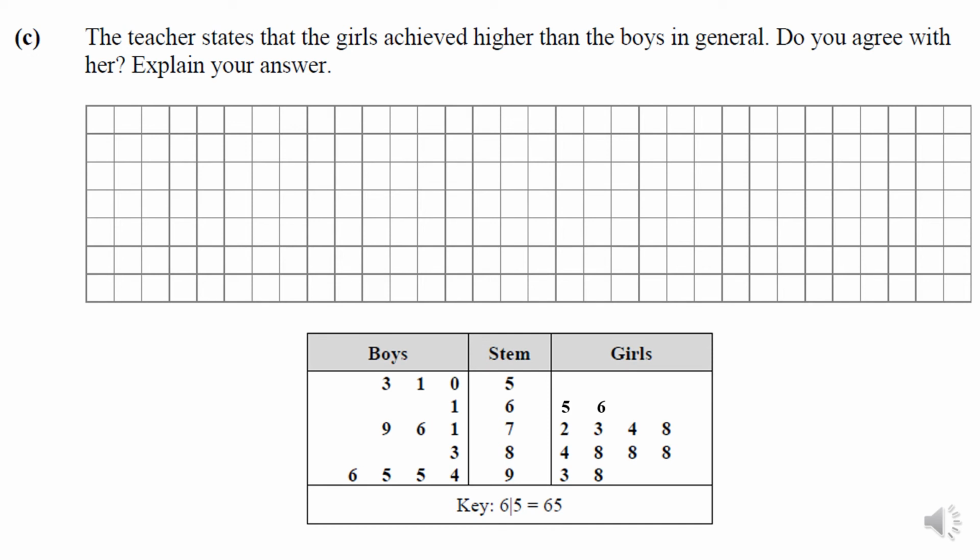Now if we look down to the stem and leaf plots, for sure the general group of the girls are all bunched higher than those of the boys, so the range is smaller. And we have already found that the median is 81. So we can do some comparisons. We could find the median for the boys.